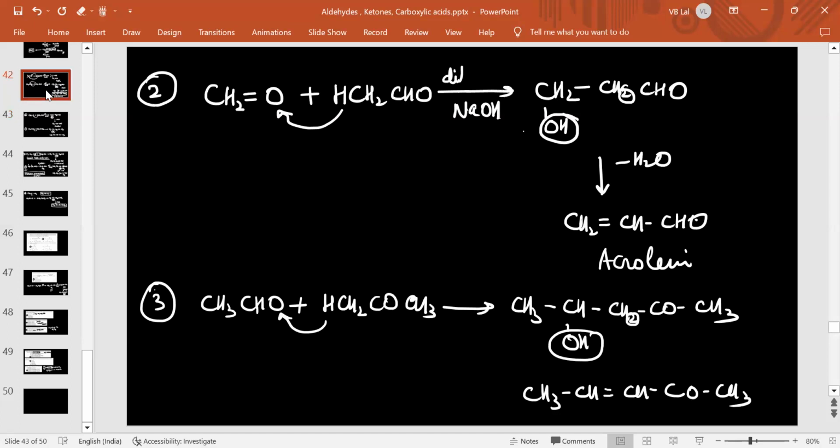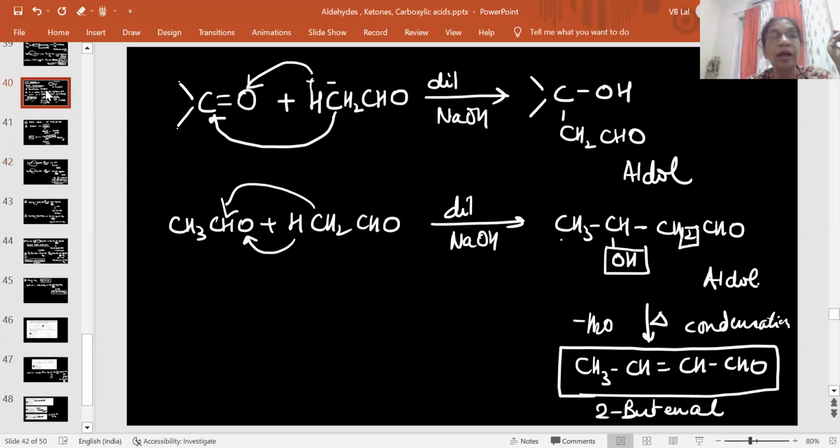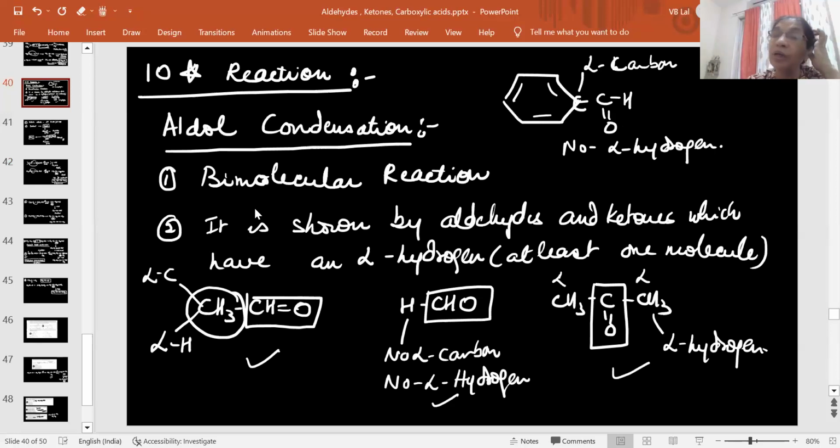Okay, so in the last class, we were doing this important reaction, the aldol condensation. What is the speciality of aldol condensation? We'll quickly go through it. It is a bimolecular reaction. It is shown by aldehydes and ketones which have alpha hydrogen, and at least one of the two molecules should have an alpha hydrogen.